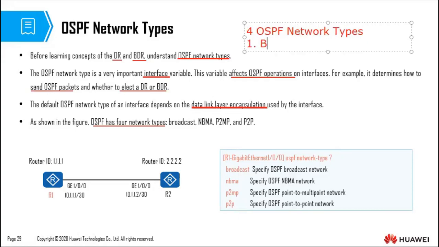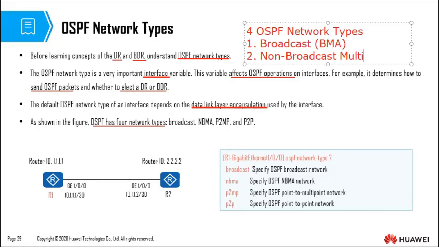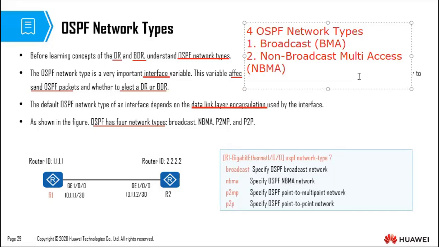So the first one is called broadcast network. It's also called broadcast multi-access network, BMA. The second one is called non-broadcast multi-access, or simply NBMA. The third one is called point to multi-point network.